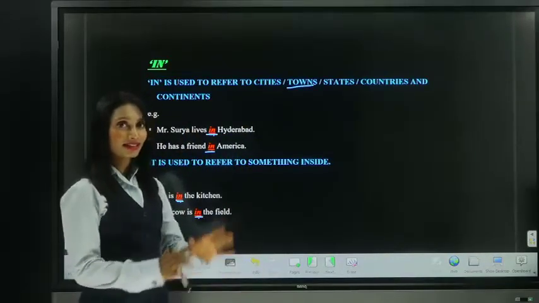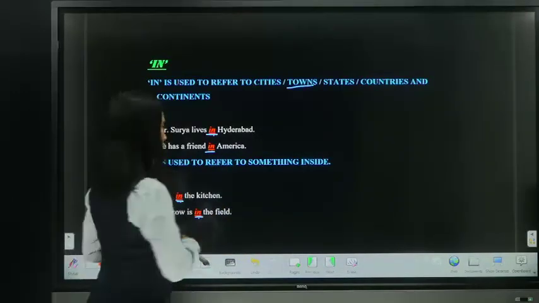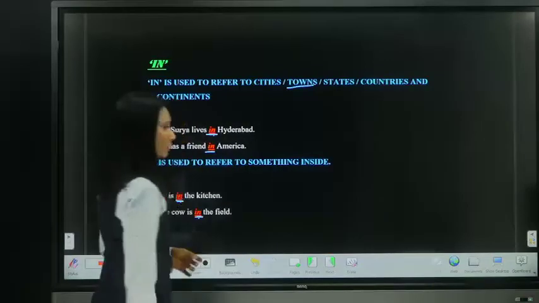So that's about uses of in. I hope it is clear the difference between at and in. So let me make sure you understood. Hence, I'll give some sentences for you.